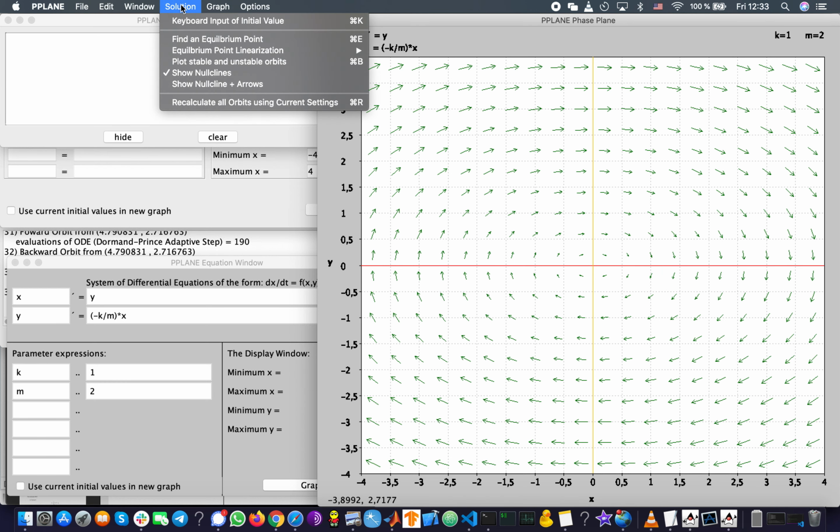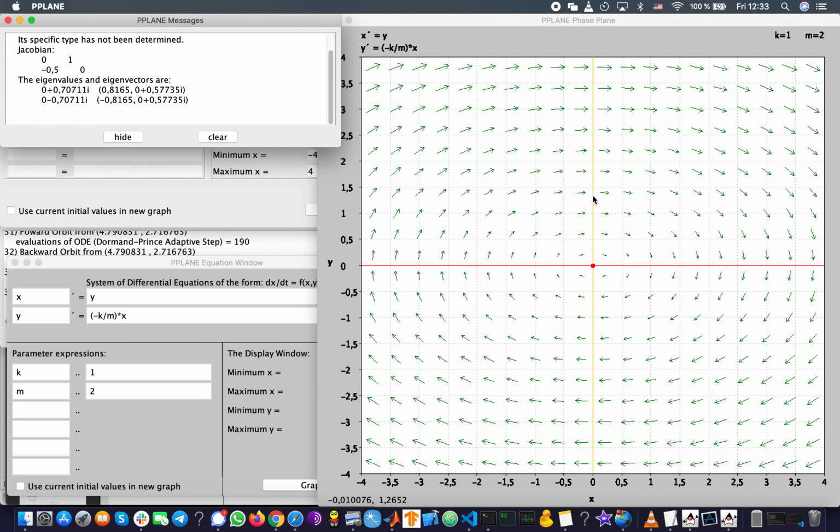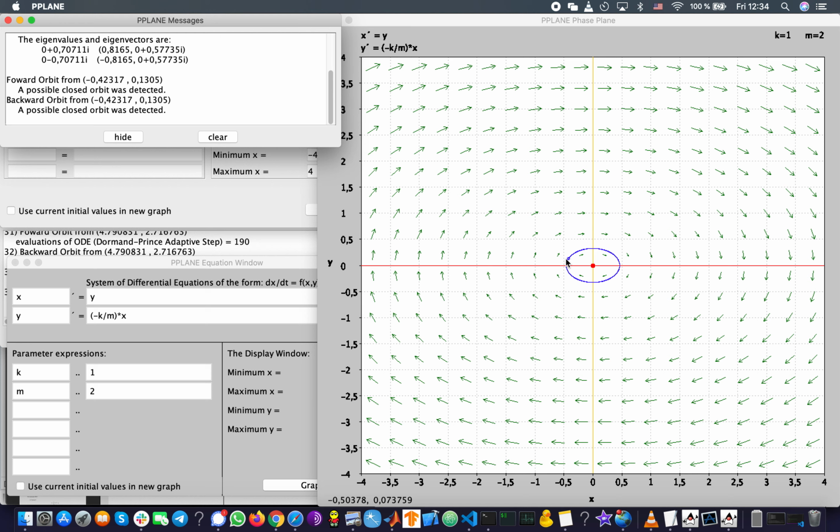For finding the equilibrium point, you find the intersection of the null lines, and these come from the Jacobian matrix here. For instance, here it's 0, 1, minus 0.5 and 0, and you've seen how to calculate this, but again we will talk about it. If you double click on it, you will see circles, which tell you about the trajectory of the system, right?